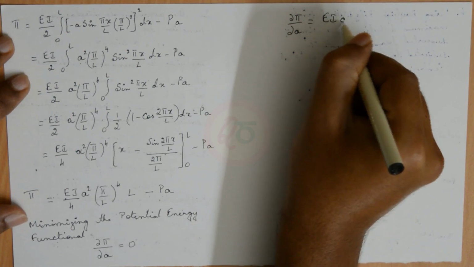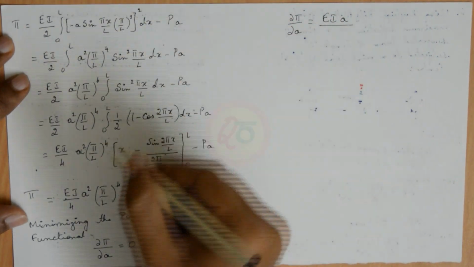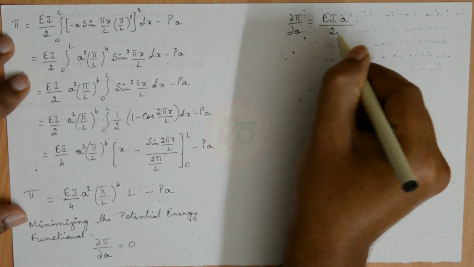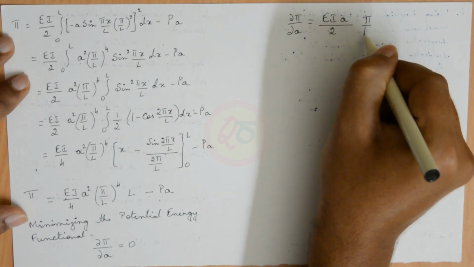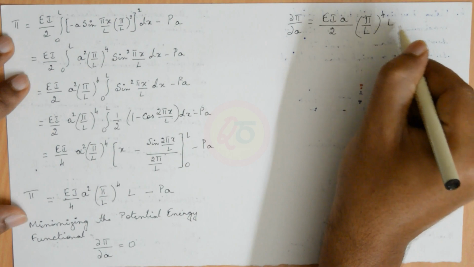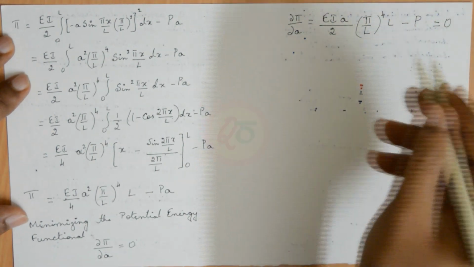EI, this becomes 2a by 4 is 2, EI a by 2, pi by L to the power of 4 L minus P, and this is equal to 0.